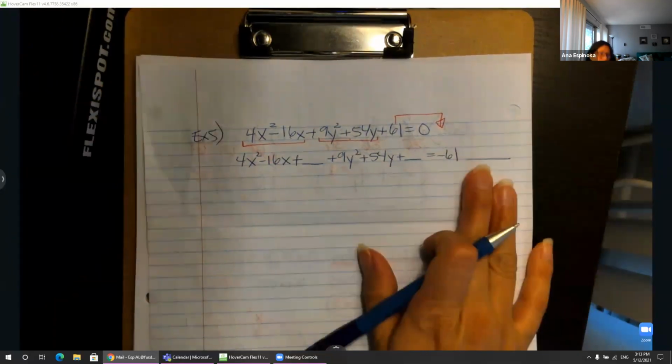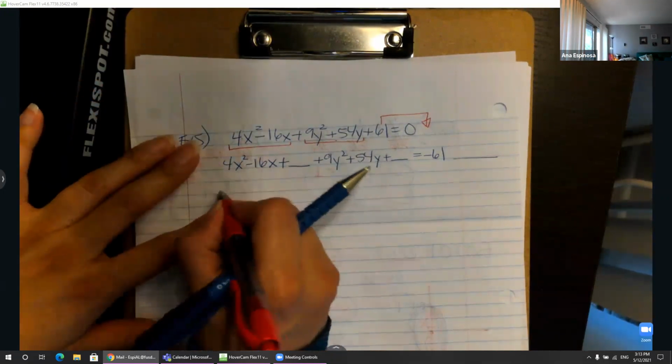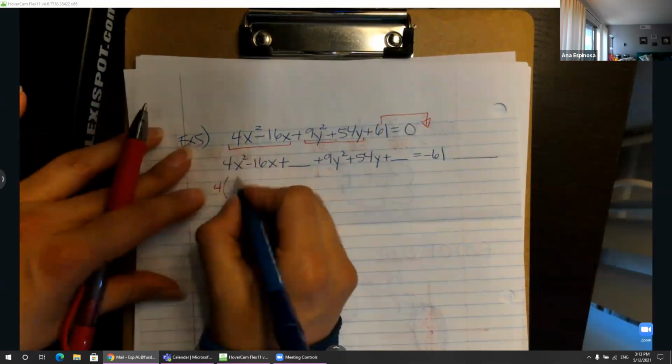Okay, so I'm not going to put anything yet on the right. Now, here's the issue. When completing the square, you do have to have this to be a 1. That cannot be any other number other than a 1. So what we're going to do is actually factor out the 4.